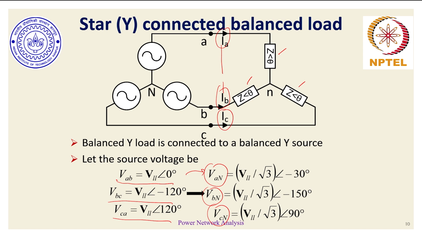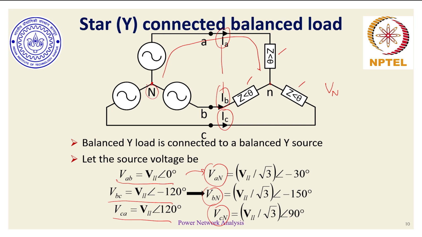So now if I know my corresponding phase voltages, and suppose I focus on phase A current, what do I get? If I apply KVL from this node to this node, let's say V capital N is the potential of the neutral point of the source.